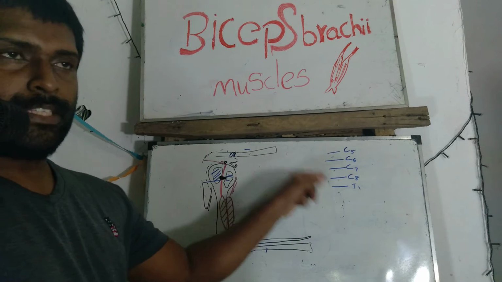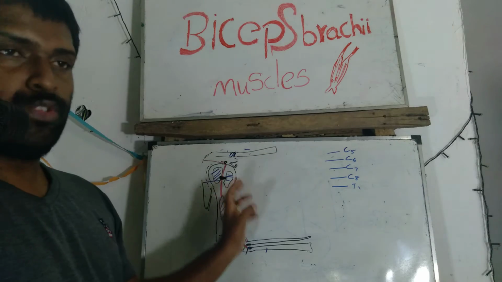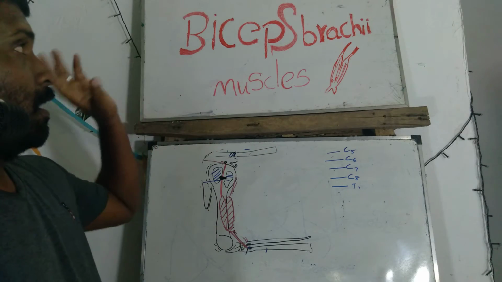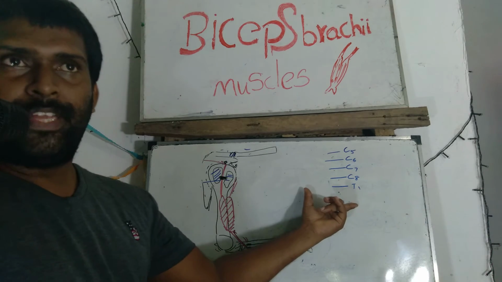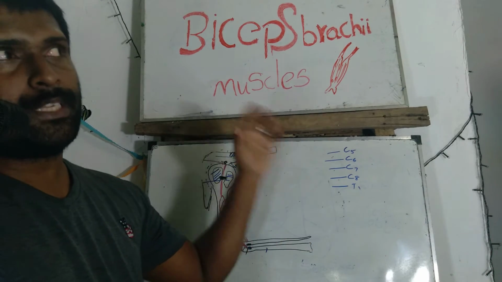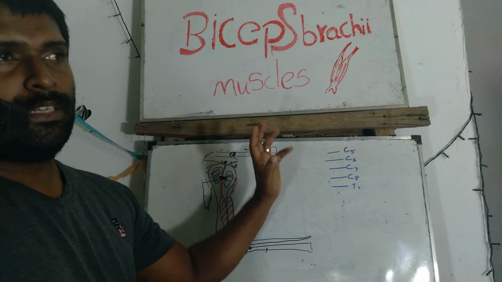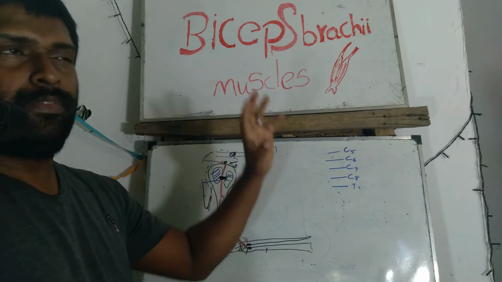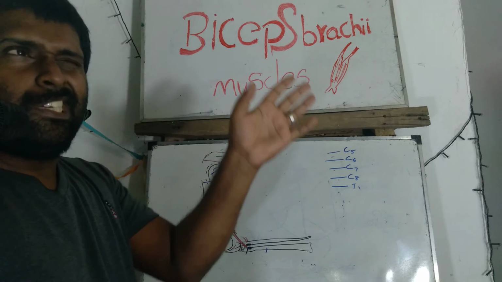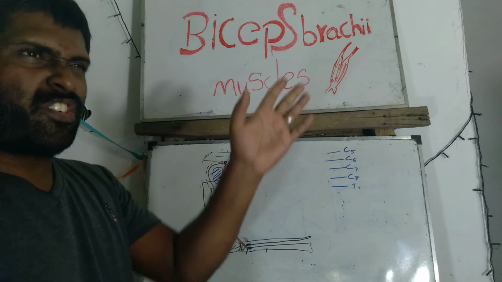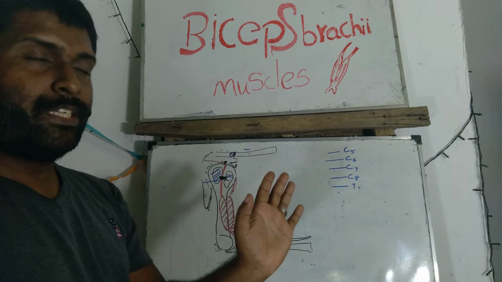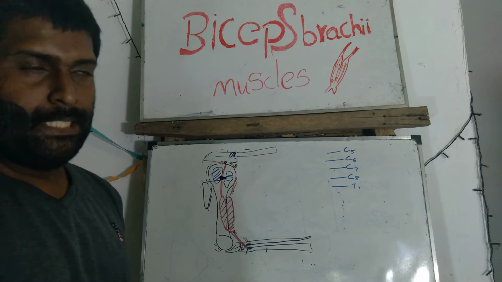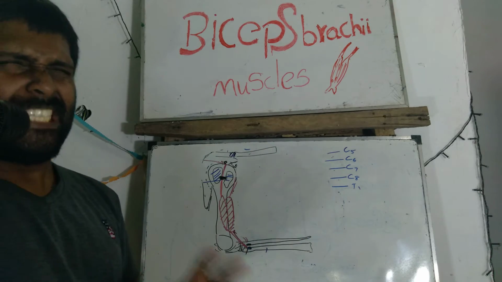The brachial plexus gives the nerve supply to the biceps brachii muscle. Now we are talking about this brachial plexus. First of all, we have to discuss root, trunk, division, cord and terminal branch. I am going to note it in detail.